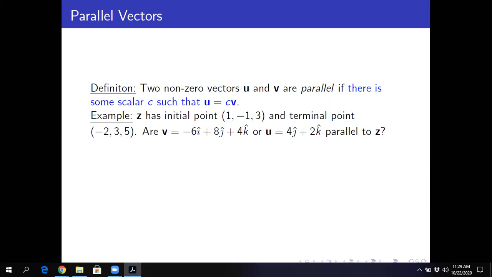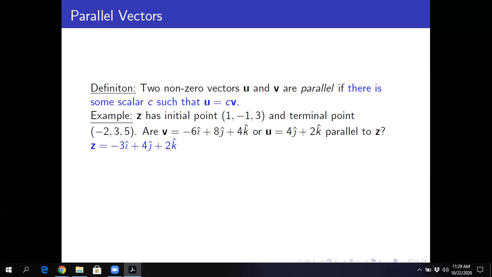Well, the first thing we would have to do is actually figure out what z is, correct? I gave you the initial and the terminal point from which we can actually figure out what z is. So do you guys believe me if I say z is (-3, 4, 2)? How did I get that? How did I get -3 for the x coordinate? -2 minus 1.